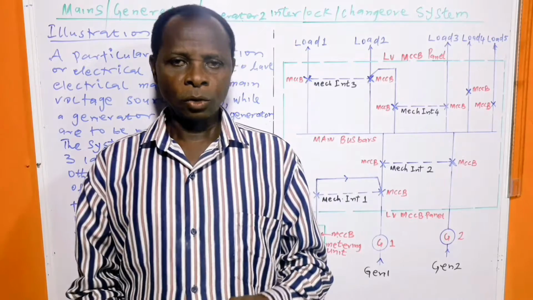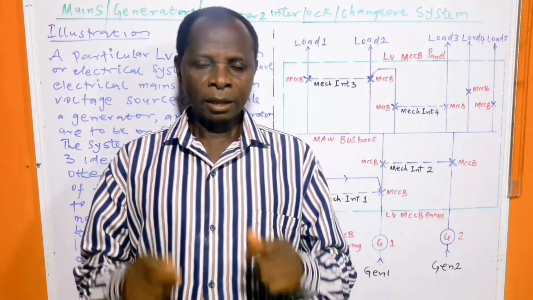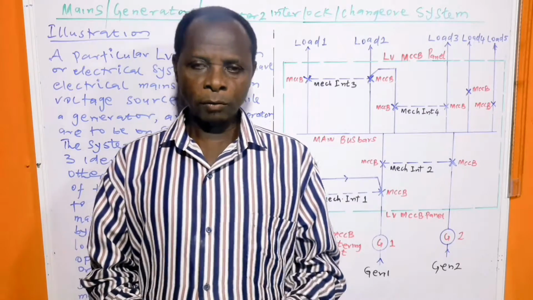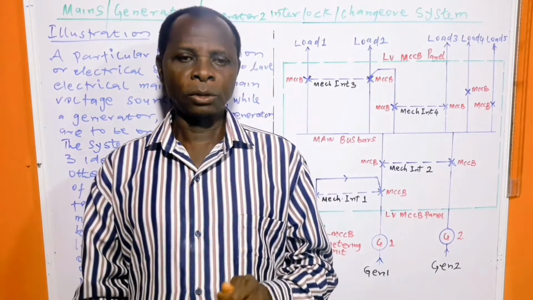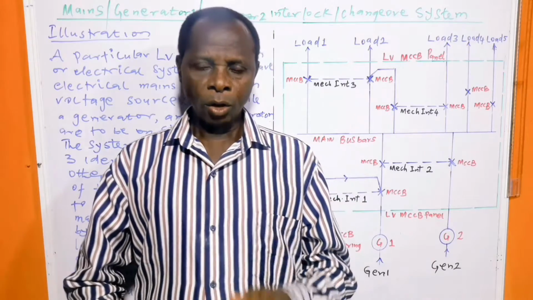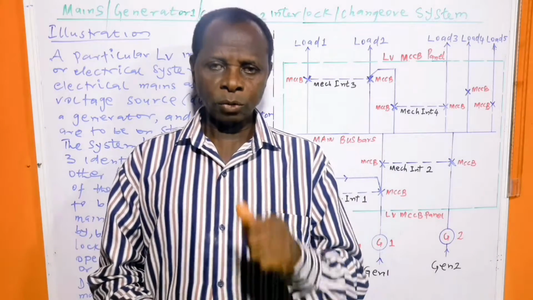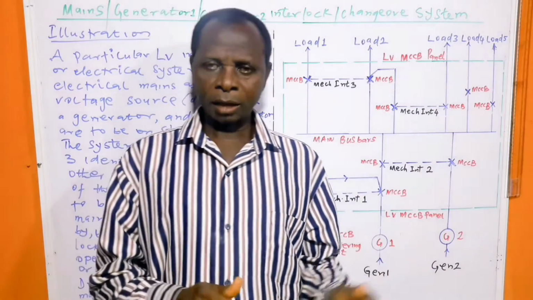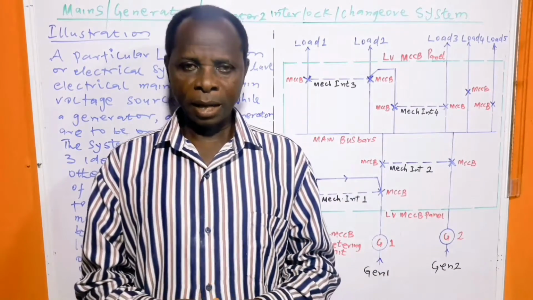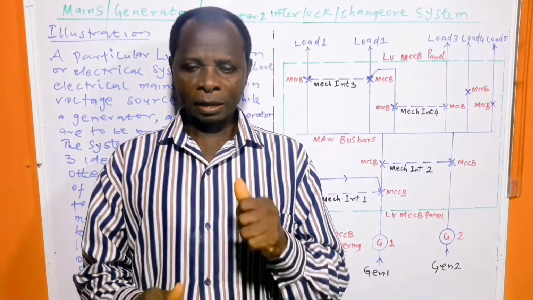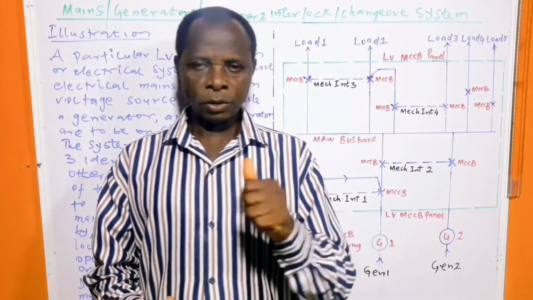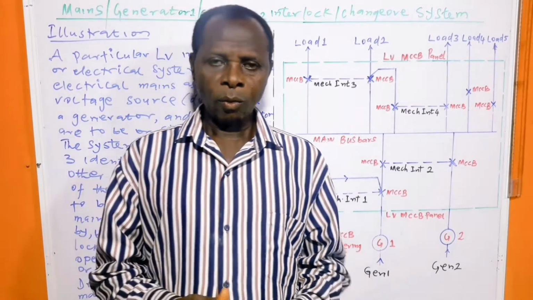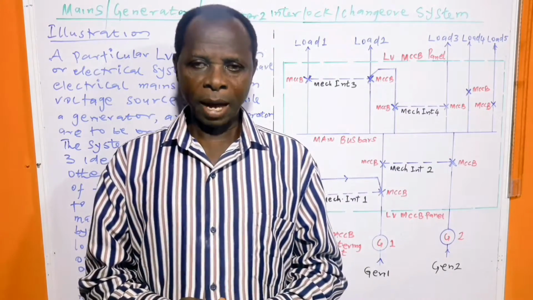It can also be that there are three identical loads, and out of those three loads, one of them is to be selected, or two of them to be selected at a time, while the ones that are not selected will be on standby. If only one is selected, two will be on standby. If two are selected, the remaining one will be on standby.